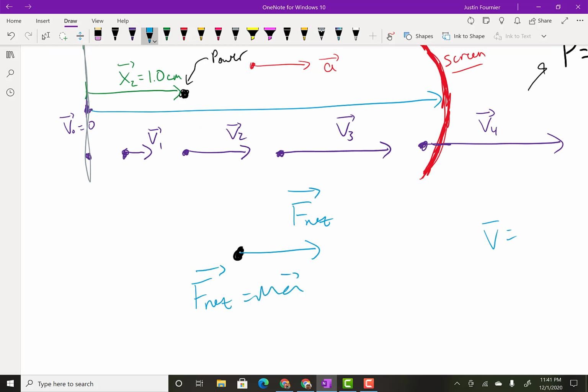The mass of an electron I can look up: it's 9.11 times 10 to the negative 31 kilograms. This is constant, they've told me that in the problem. Therefore, if the mass is constant and the acceleration is constant, the net force is also constant. I just want to establish that as we keep going here.